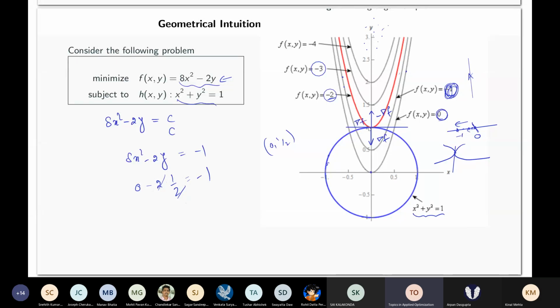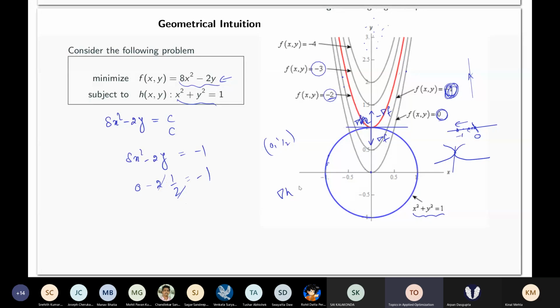So we have a grad h, which is also perpendicular, obviously, because again it's a gradient. It is perpendicular to this tangent. In other words, grad h and grad f are in the same direction. Same in the sense that they may be parallel or anti-parallel, it doesn't matter, depending on whether the function is increasing or decreasing.